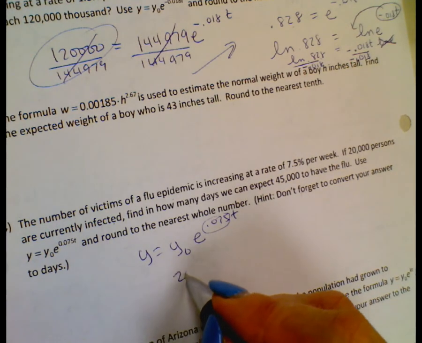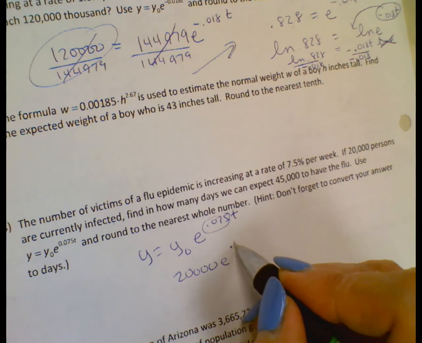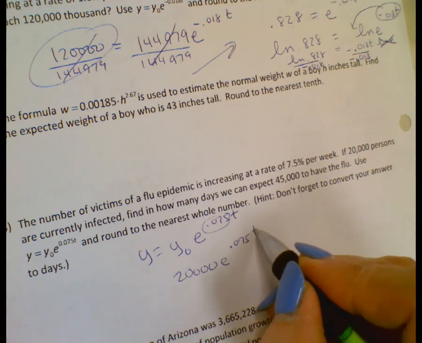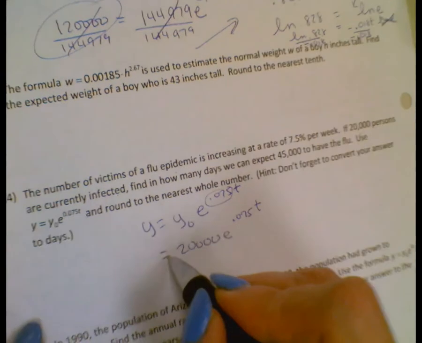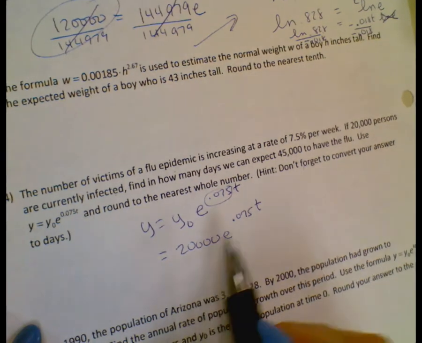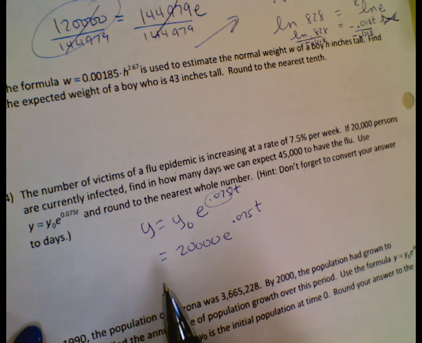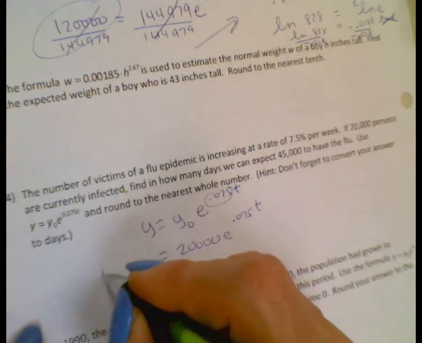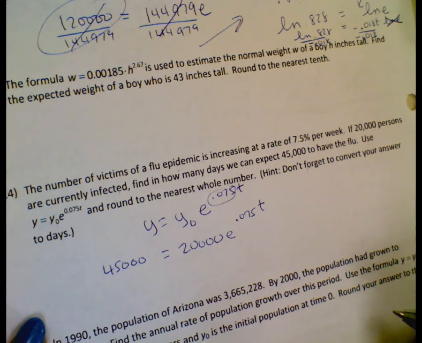So the starting number of people that had the flu was 20,000. That's how many people have reported so far to the doctors. That's how many doctor cases. It's a base that everyone can check at any time. So if it's increasing at 7.5% every week, how many days can we expect the total of people that have flu to be 45,000?